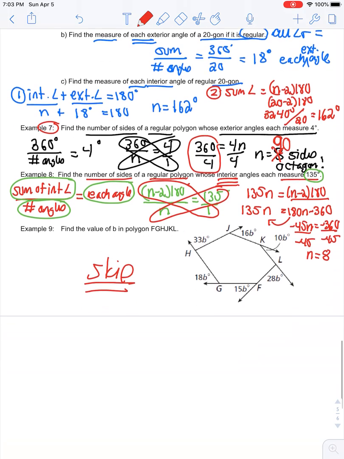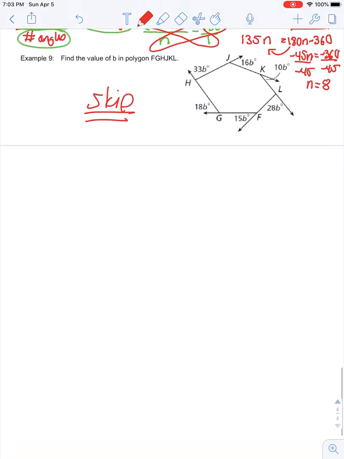I'm going to skip our last example and then just take a moment to summarize what we've seen so far. We know that the sum of the interior angles can be found using the formula n minus 2 times 180.